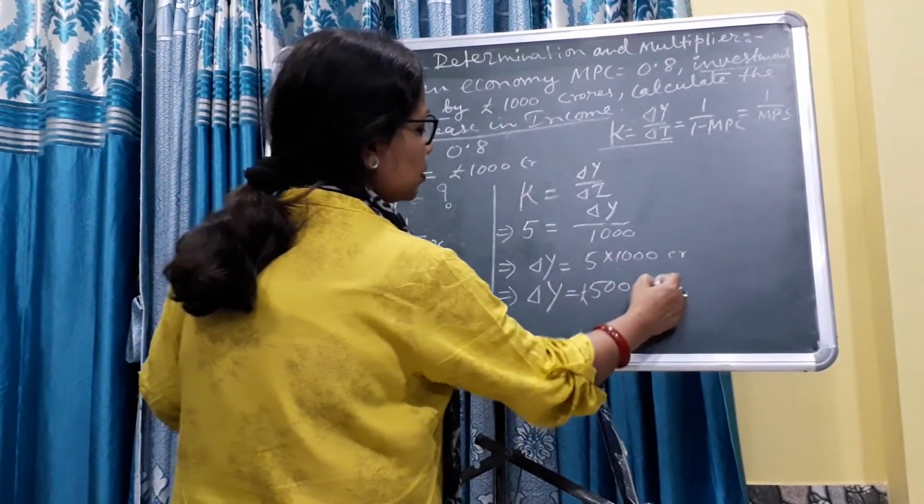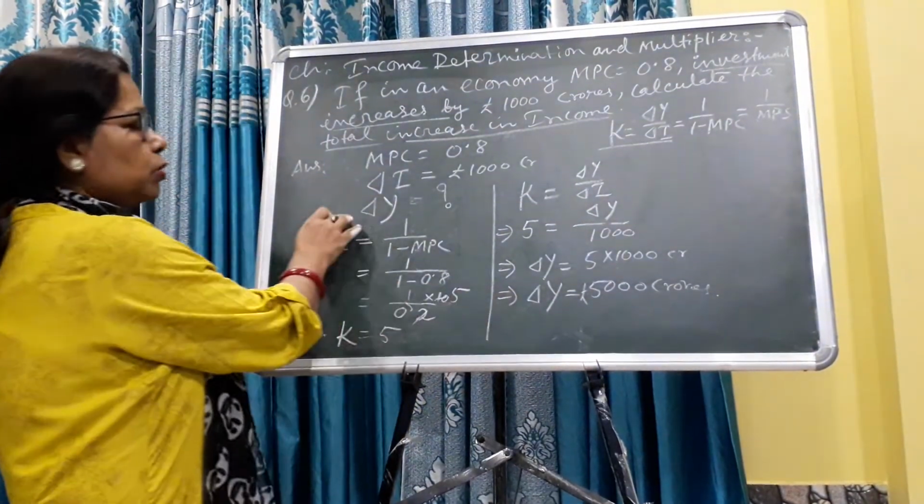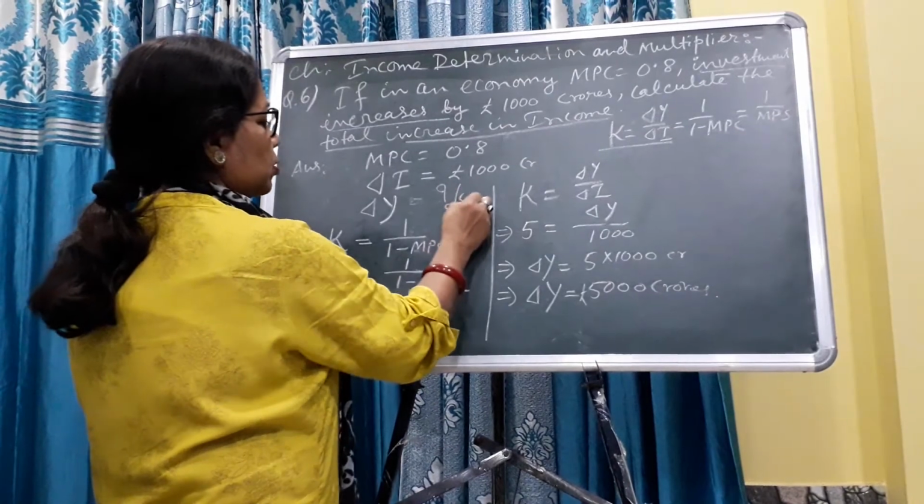So rupees 5000 crores. So the answer will be 5000 crores.